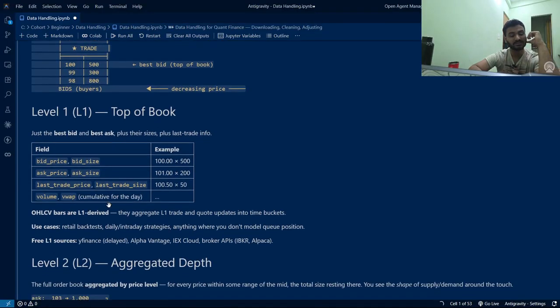What is L1? Again, guys, this is a tip for you. I know a few of you are trying to model L2 data. I will tell you, L1 data is almost free. First of all, it's readily available, easy to sample, easy to feature engineer, easy to make a model on, easy to trade, and even easy to get a live feed of.